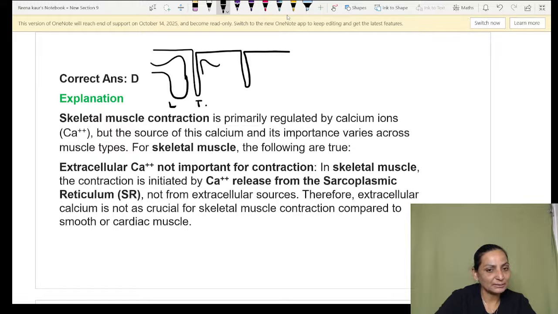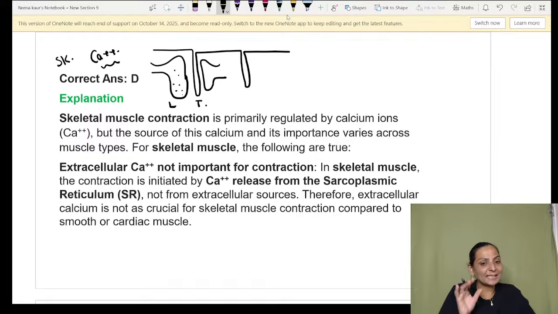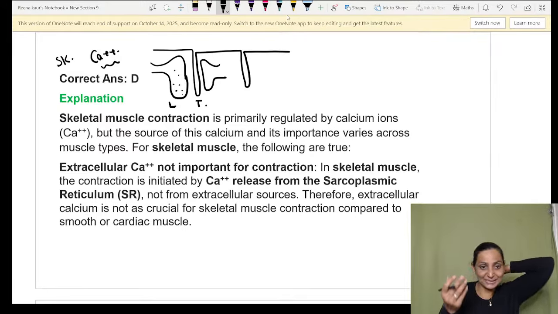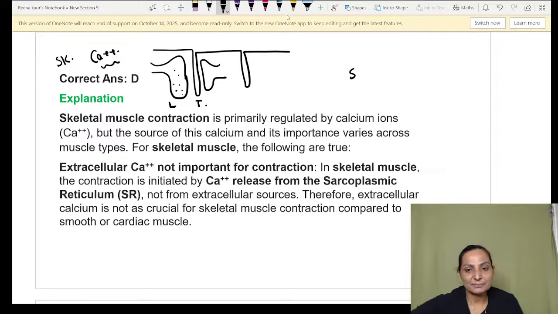These L-tubules or cisterns are the storehouse for calcium in skeletal muscle. Skeletal muscle is not at all dependent on calcium from any ECF source, which is true for smooth muscle and cardiac muscle.